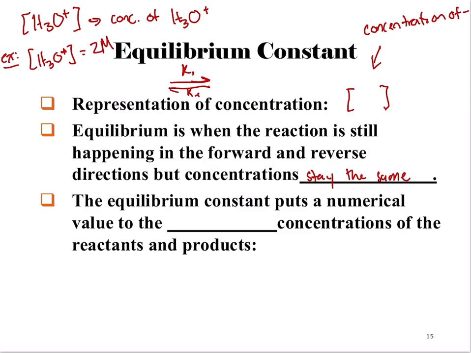And so to put a numerical value to the ratio of these concentrations at equilibrium, we have something called the equilibrium constant. And that puts a numerical value to the ratio of concentrations of the reactants and the products at equilibrium.